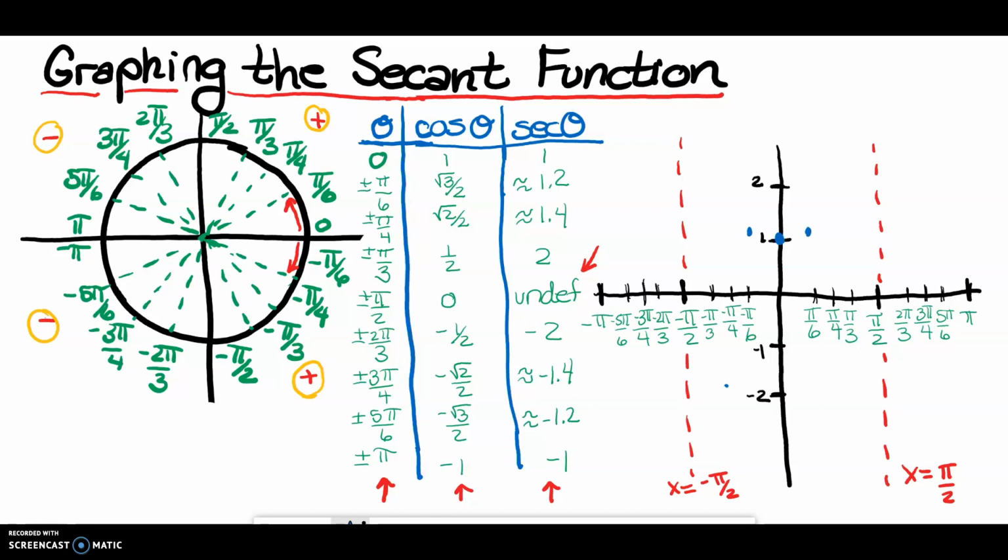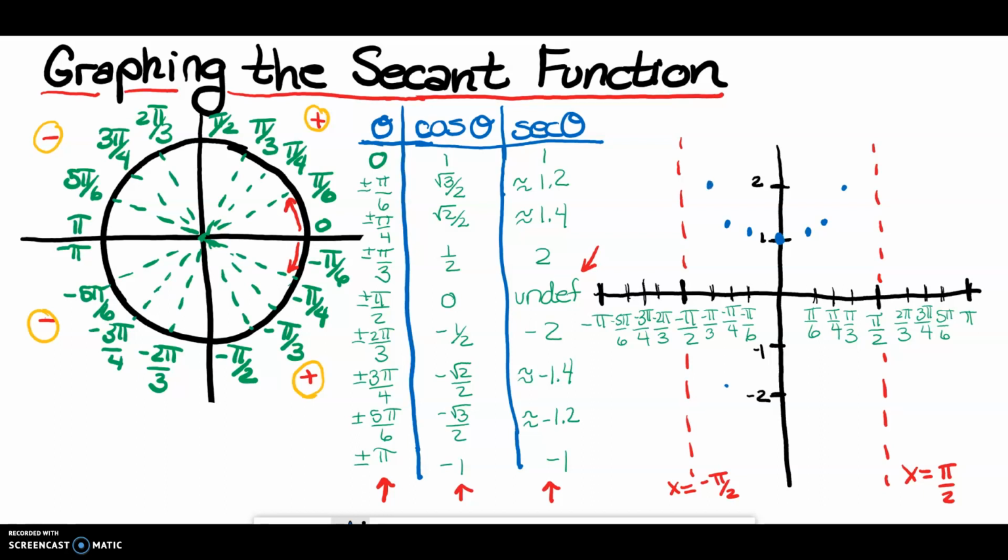And then for pi over 4, we have radical 2 over 2. When we take the reciprocal, it's about 1.4. And then at positive and negative pi over 3, we have a value of 1/2 for cosine, so secant is going to be 2.